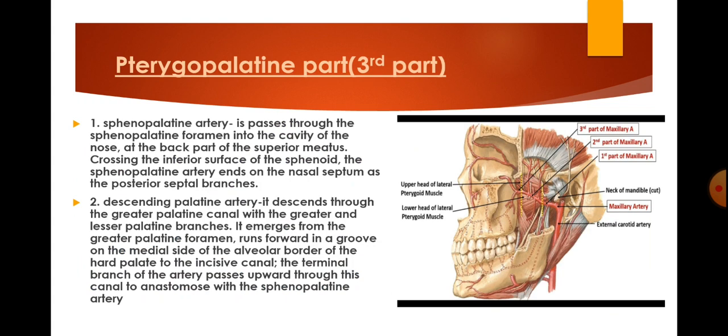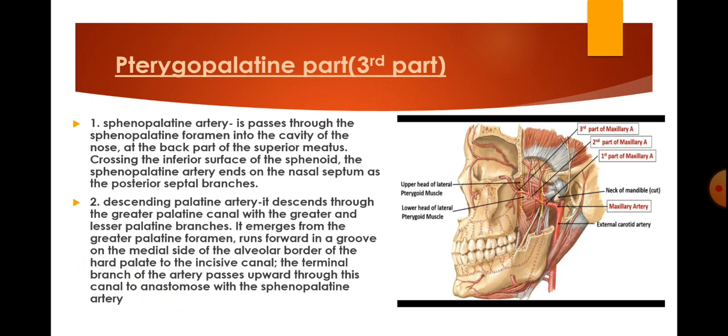Pterygopalatine part. Sphenopalatine artery: it passes through the sphenopalatine foramen into the cavity of the nose at the back part of the superior meatus, crossing the inferior surface of the sphenoid. The sphenopalatine artery ends on the nasal septum as the posterior septal branches. Descending palatine artery: it descends through the greater palatine canal with the greater and lesser palatine branches.